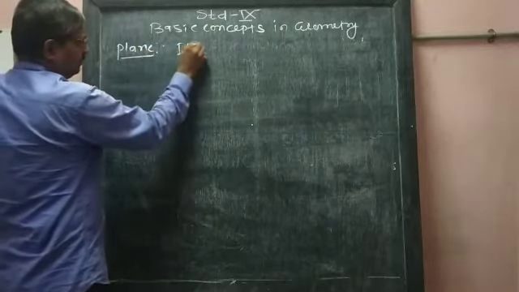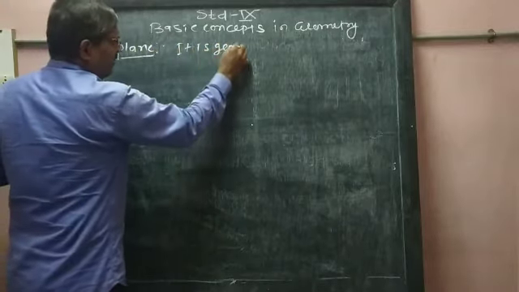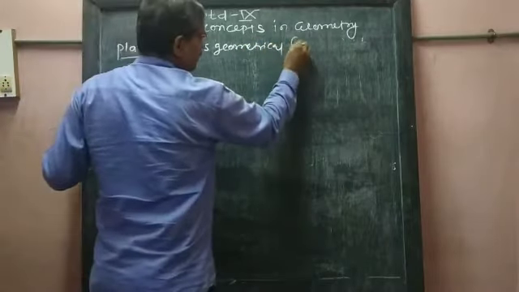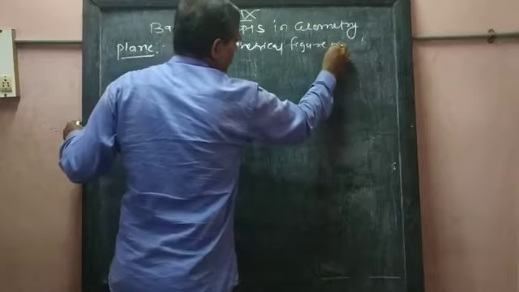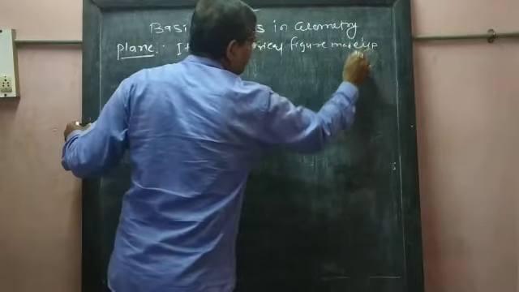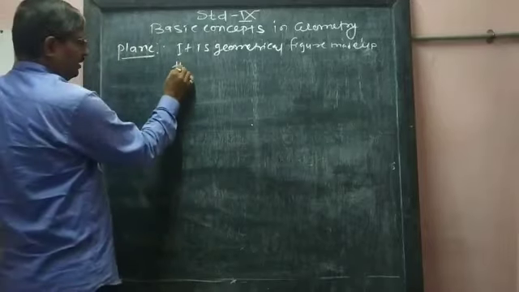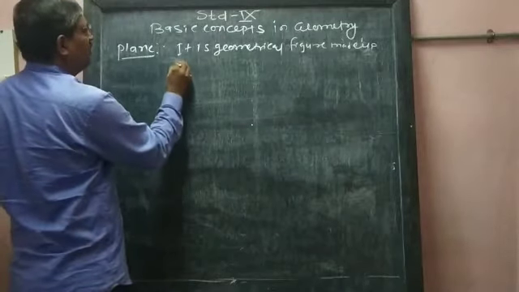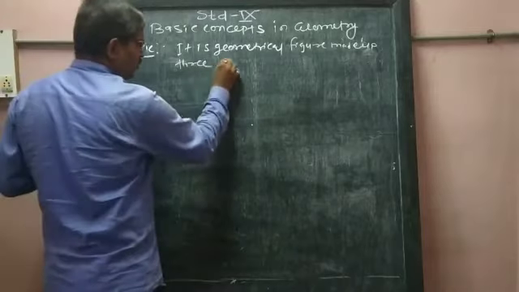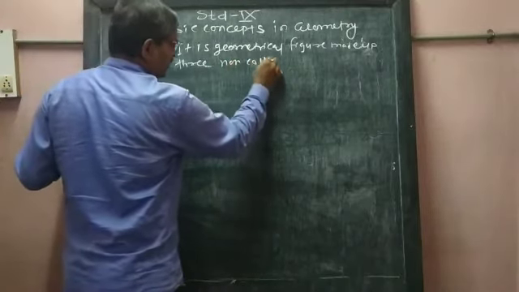Plane is a geometrical figure made up of three non-collinear points.